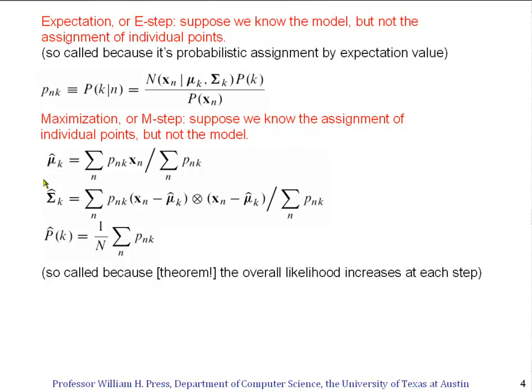You essentially compute an estimate of the mean of that Gaussian as the average of the location of all the points in it. Well, here it's a weighted average because we don't know exactly which points are in it, but we simply compute the weighted average, or centroid, summing over all the points of its vector position times the weight, the probability that it is in that component, p of nk, and then we of course divide by the sum of the weights here to get the weighted average.